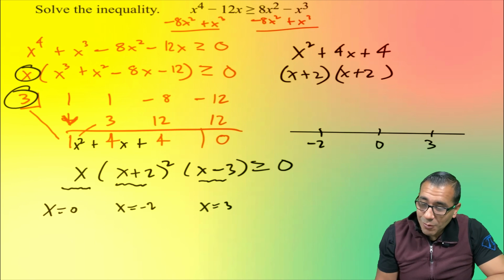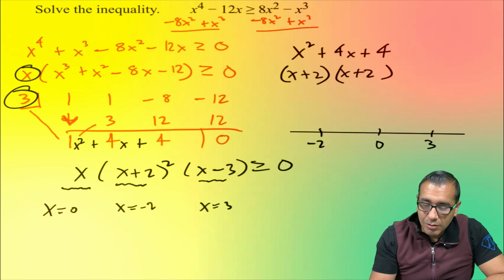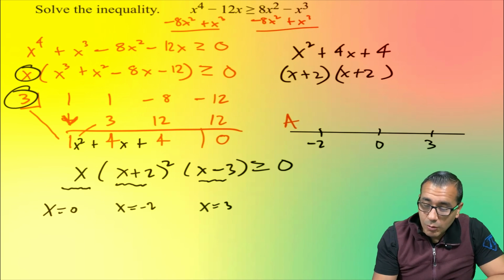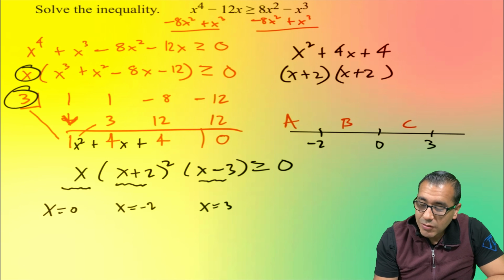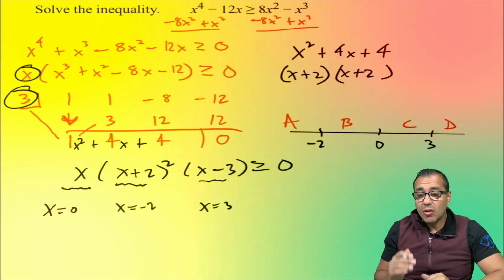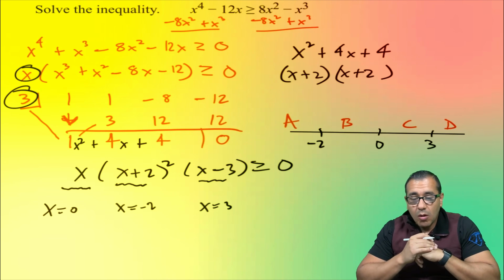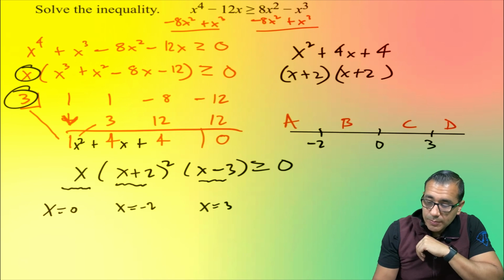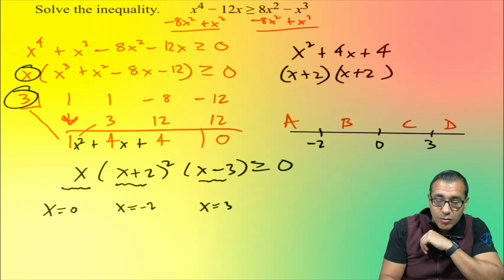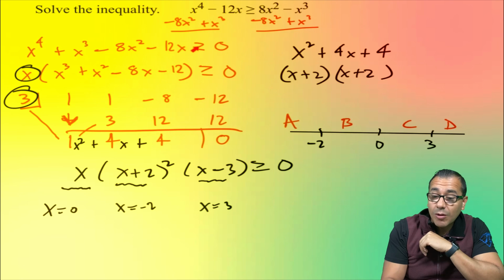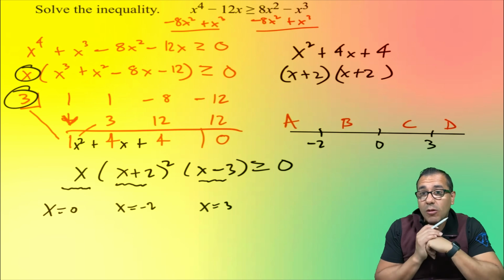So what we want you to do is comment down below, and we'll call this interval 1, interval 2, interval 3, and interval 4. So plug in those numbers, and we want you to comment down below which one of those intervals will provide you with the solution to what we're looking for. And remember, we're looking for something that's going to give us results that are greater than or equal to 0, right?